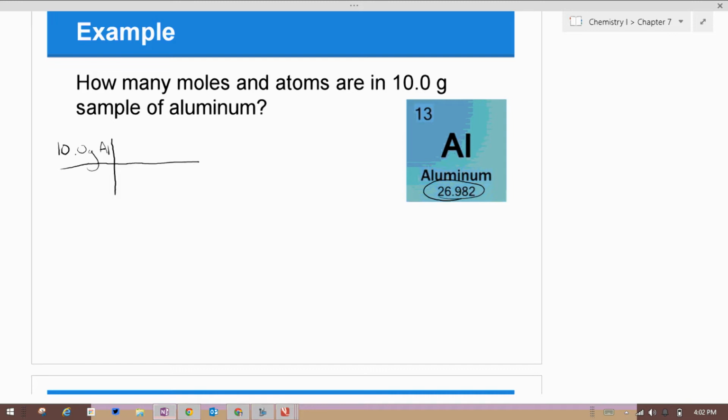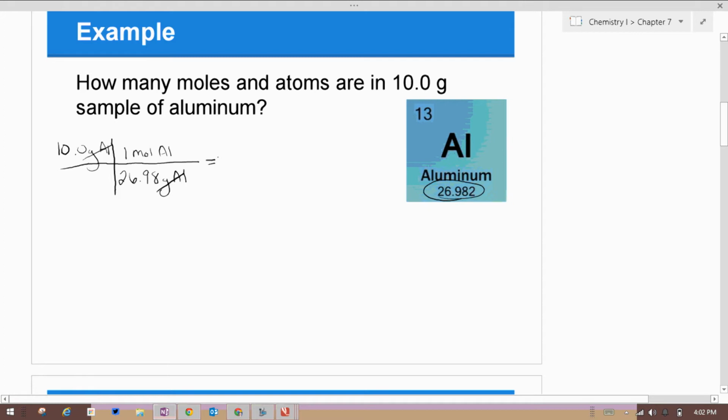Take a second, see if you can guess top or bottom. Hopefully you chose bottom because it is in grams, and we had grams at the top before, so they have to be on the bottom now, and that equals 1 mole of aluminum. So grams cancel out grams, leaves us with moles, which is one of the things they asked us for.